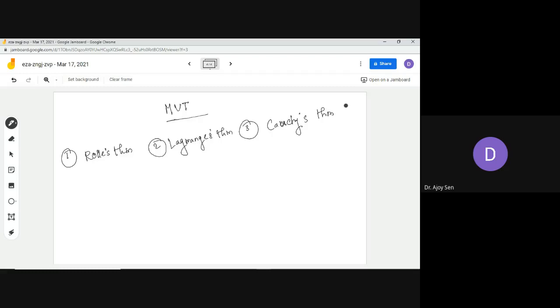Whenever some checking is there, for that function you have to justify whether the function is continuous and whether the derivability condition holds.